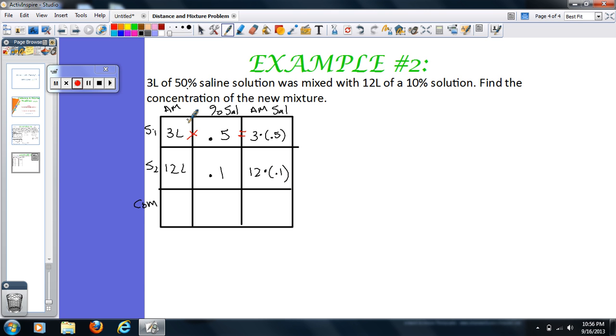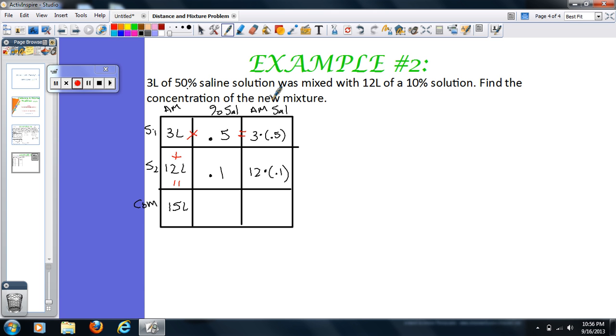It says find the concentration of the new one. Very simply, for the combination, if I have 3 liters of solution 1 and 12 liters of solution 2 and I put them together, that's 3 liters plus 12 liters, which is 15 liters.